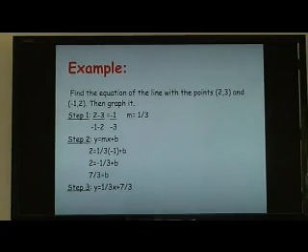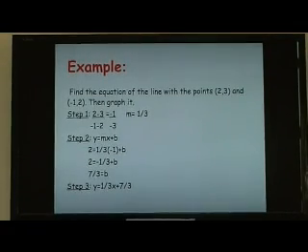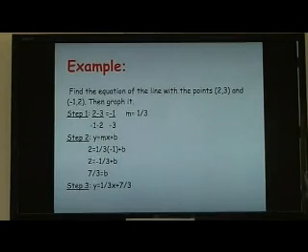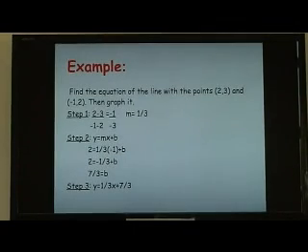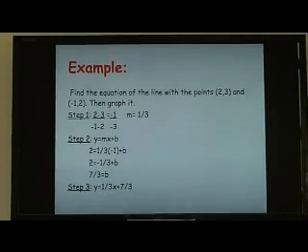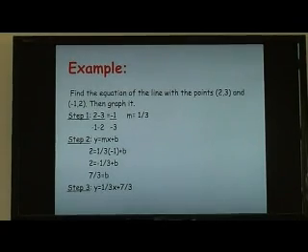Step 2, using the y equals mx plus b formula, 2 equals 1/3 times negative 1 plus b, where 2 equals negative 1/3 plus b, which equates out to 7/3 equals b. Step 3, we have y equals 1 over 3 times x plus 7 over 3.